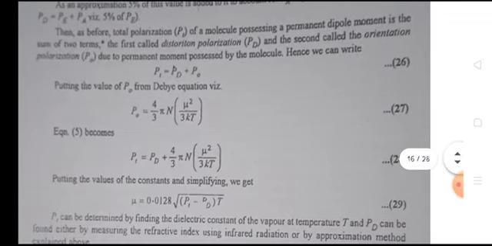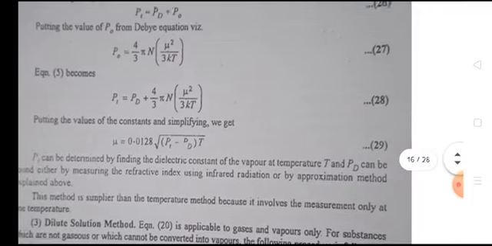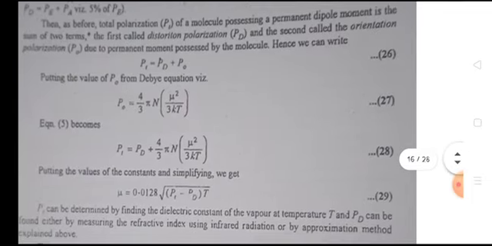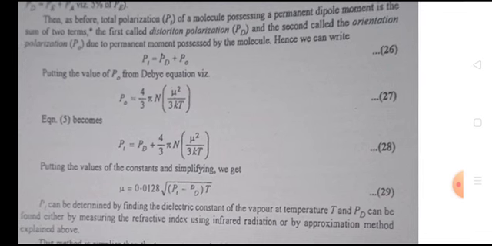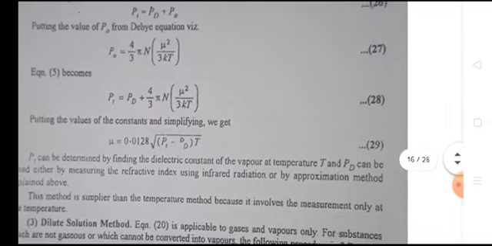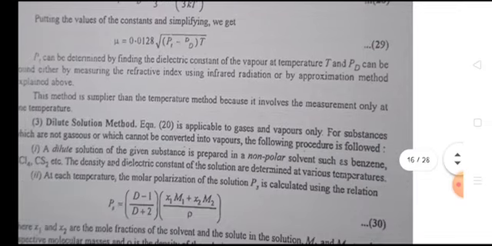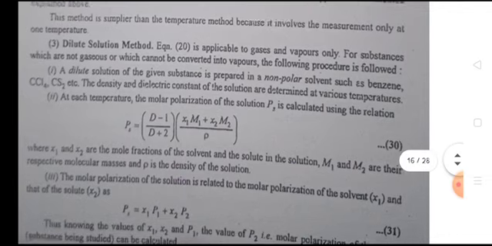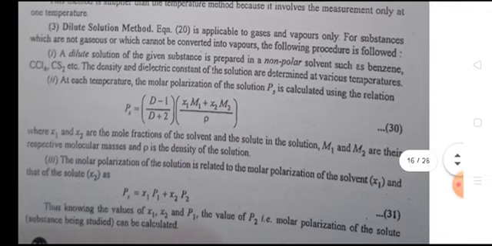Then, as before, the total polarization of a molecule possessing a permanent dipole moment is the sum of two terms: first the distortion polarization, second the orientation polarization due to the permanent moment possessed by the molecule. This method is simpler than the temperature method because it involves the measurement at only one temperature.